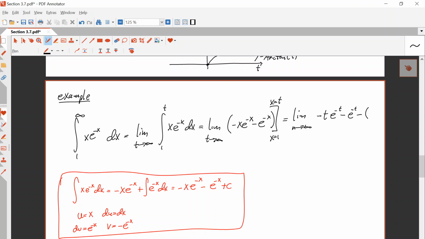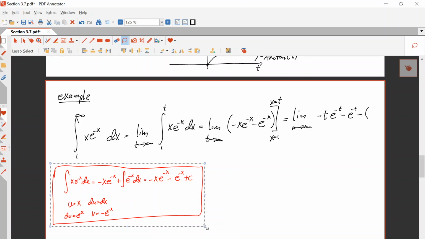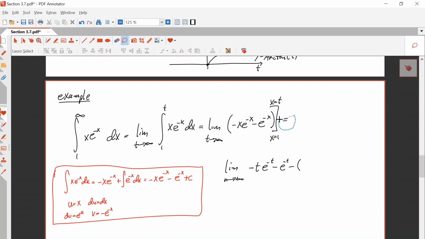We need a little more space here. Okay. So now when I subtract it, these are just going to become pluses. Plus e to the minus 1 plus e to the minus 1.